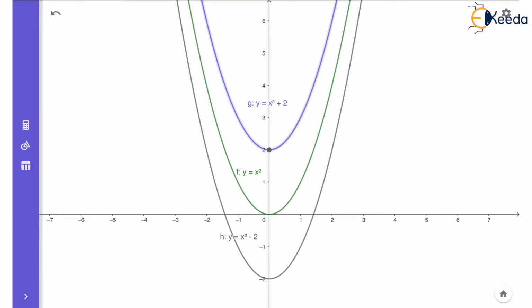One more observation we can make here is, for the first graph, h, y equal to x square minus 2, we can see that this function has two zero crossings, one at this point and one at this point. That means this function has two possible real roots, something between 1 and 2 and minus 1 and minus 2.